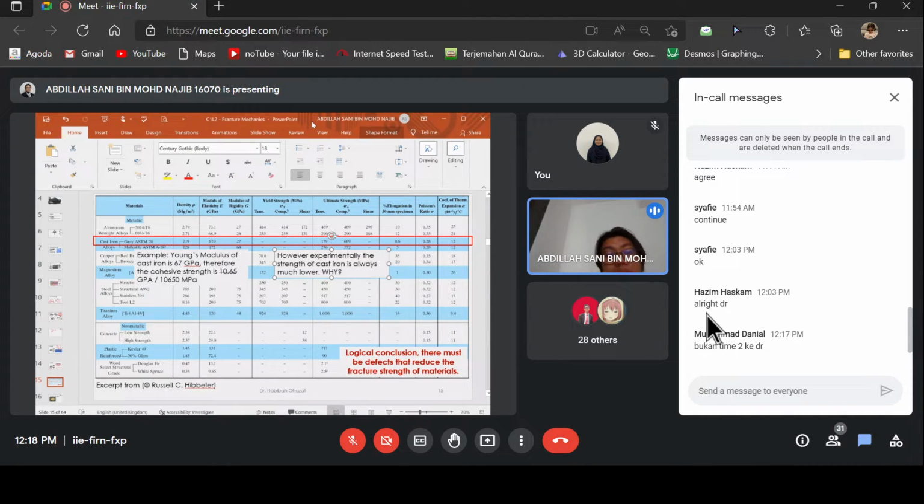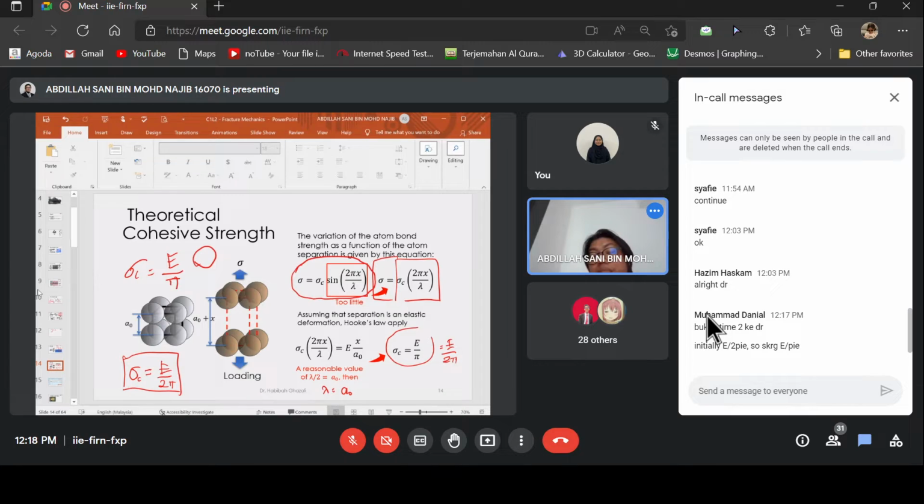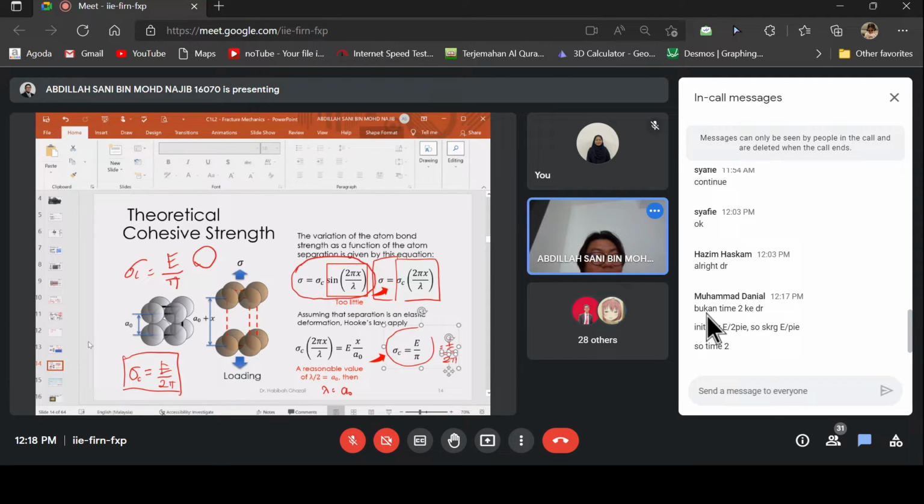But times 2, where, just now, I'm also dizzy. Where is the mistake, the first one? It's like this, pi. So we have E, we divide by... wrong, yes, wrong, that pi is wrong. It's upside down, not this one. So we multiply by 2. Yeah, you're right, this is not the right one.